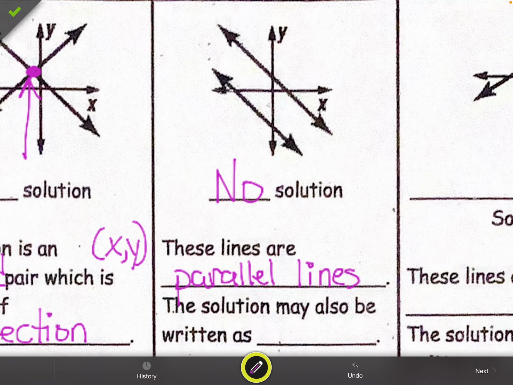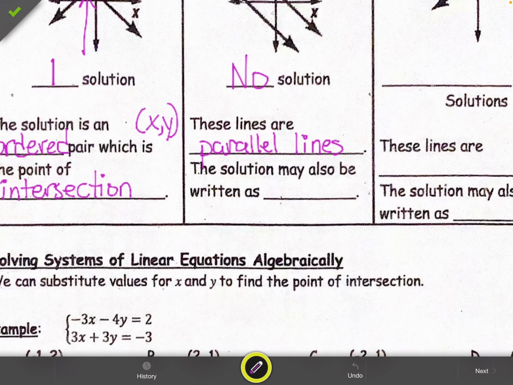Okay. And so what that means is there is no ordered pair, an x value and a y value, that will work for both of your equations. Okay. You may be able to get an ordered pair that works for one, but it doesn't work in the other, or vice versa. This you can write as no solution.